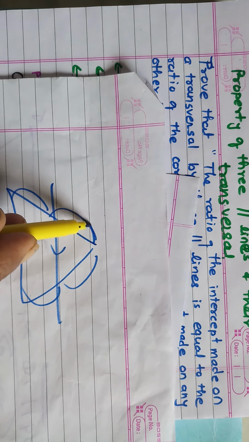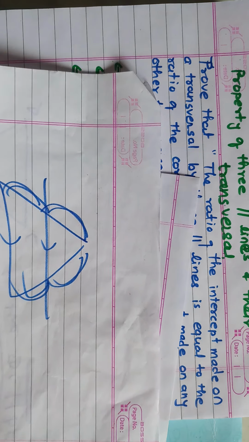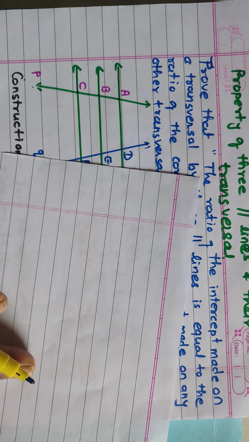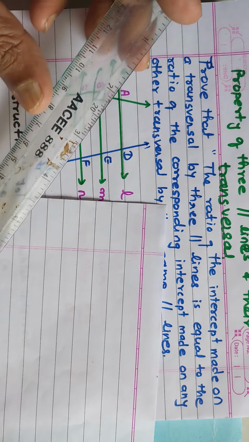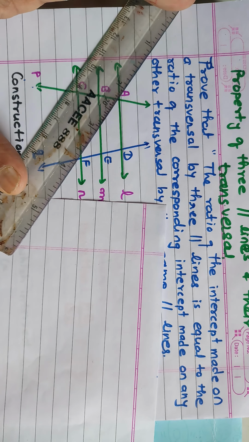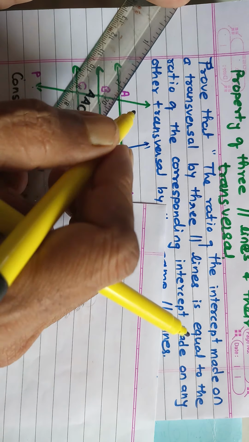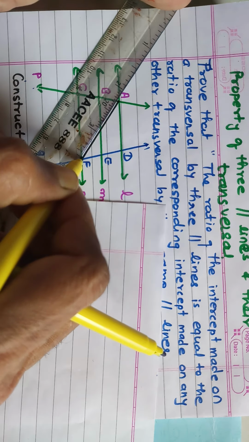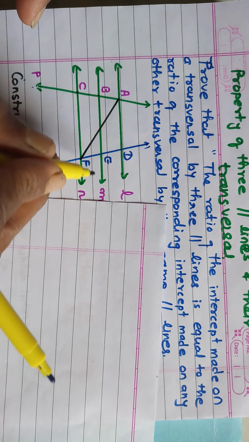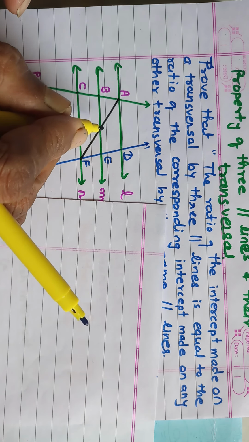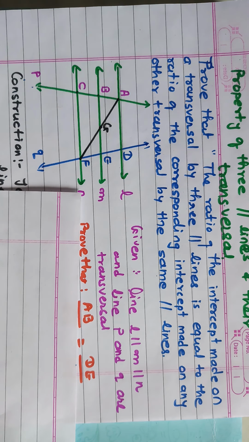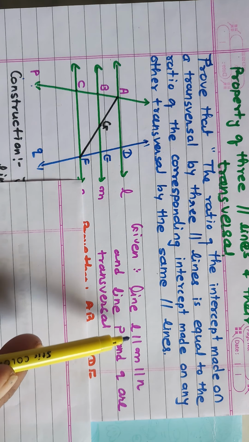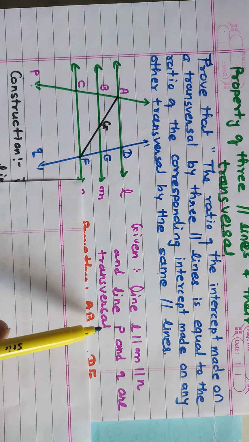To make this ratio equal, we need a triangle having a parallel line, but here we don't have a triangle, so we have to construct one. For that, join AF, which intersects line M at point G. Given: L, M, N are parallel, and P and Q are transversals.